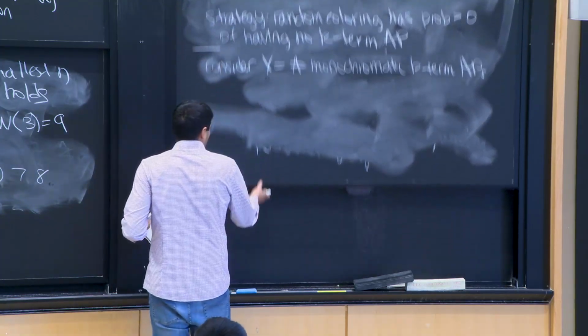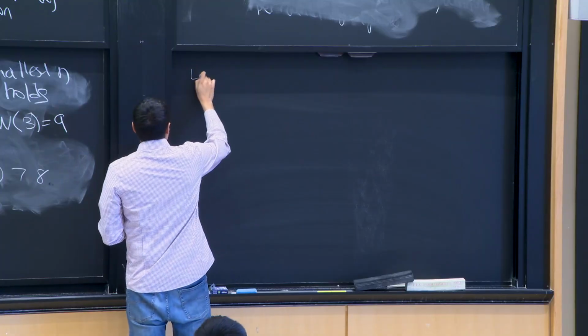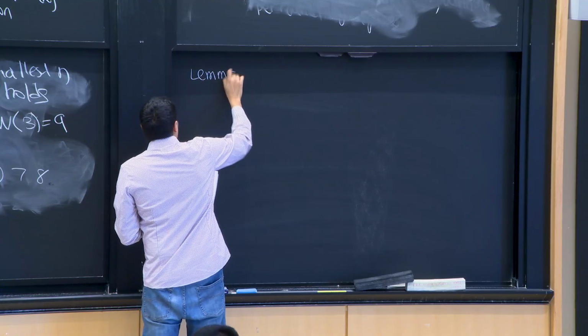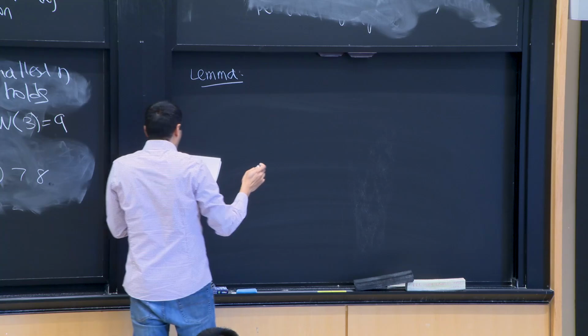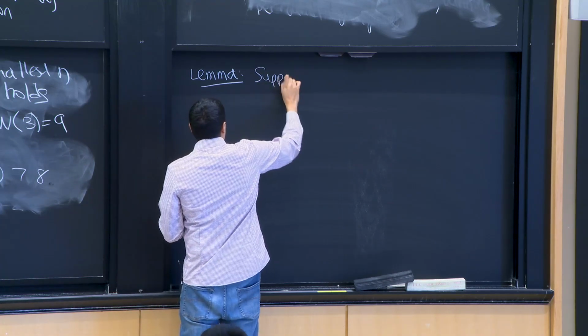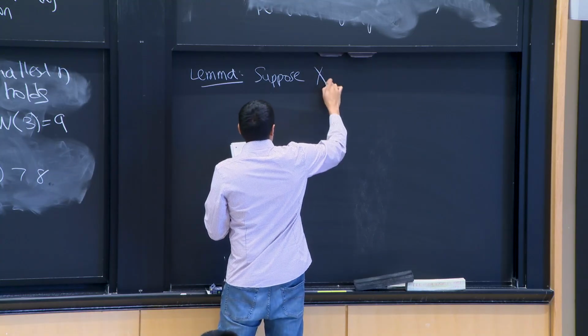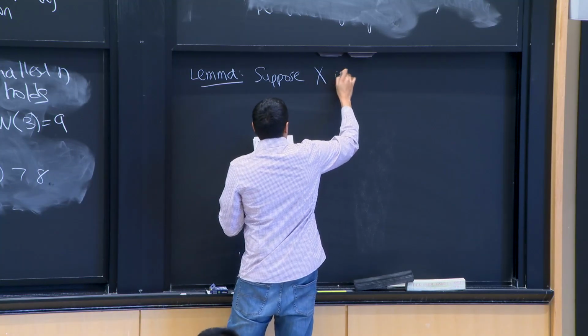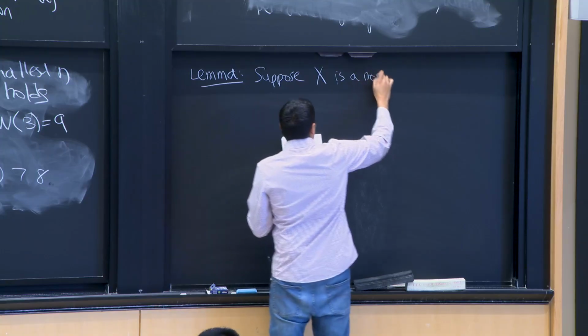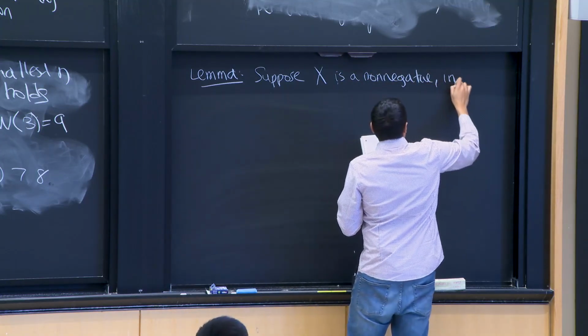Now, the basis for making this strategy make sense is really this very simple lemma. That's going to remind you of things we did earlier in lecture, right? What I claim, and this is just a general statement, but it'll explain why this strategy makes sense in the first place. Suppose x is a non-negative random variable, and let's say it's integer valued.